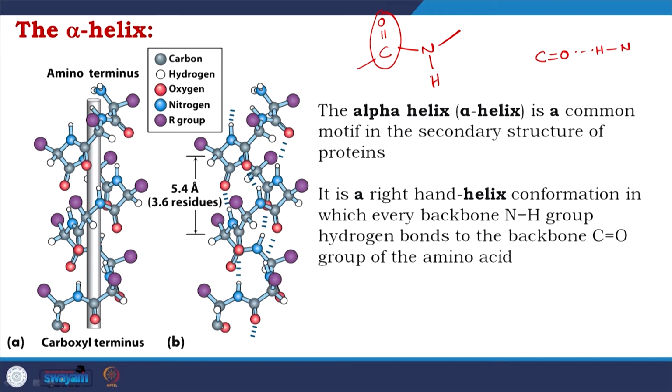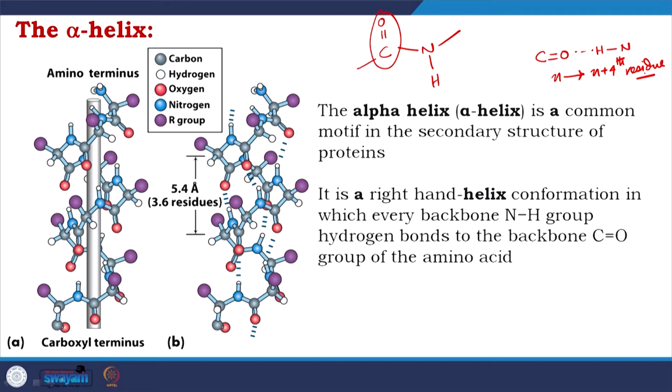In case of alpha helix, it is N to N plus fourth residue. So, it is a right hand helix conformation in which every backbone NH group hydrogen bonds to the backbone C double bond O group of the amino acids.